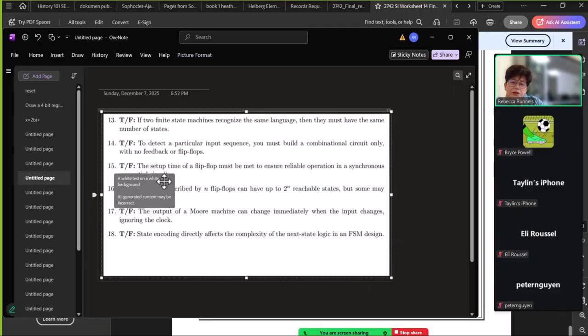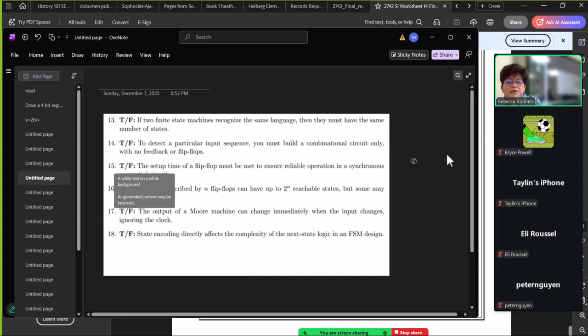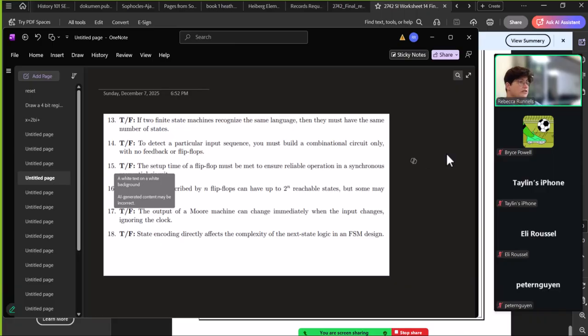If 2 finite machines recognize the same language, then they must have the same number of states. No, that's false. When y'all did state minimization, you proved that you can have different numbers of states doing the same thing.